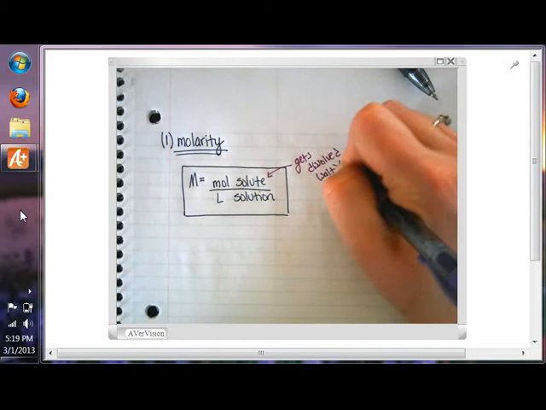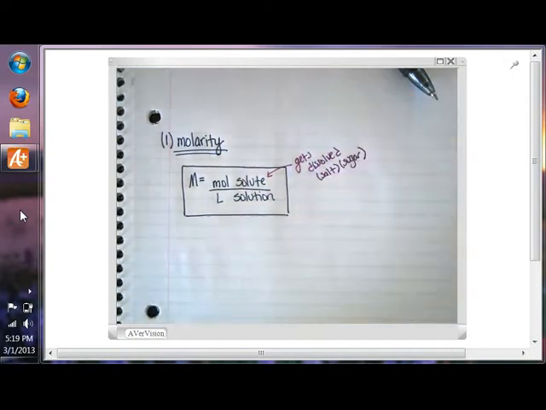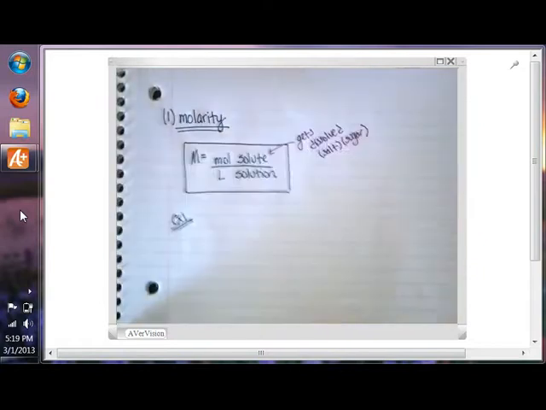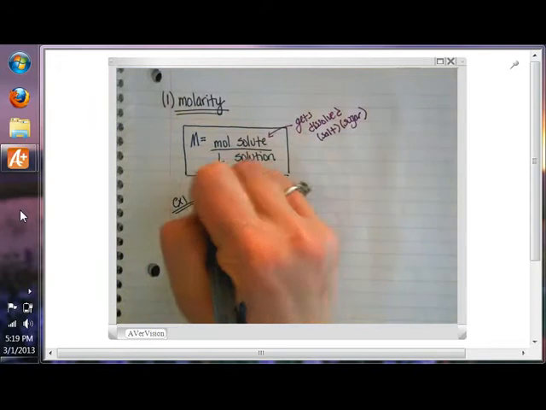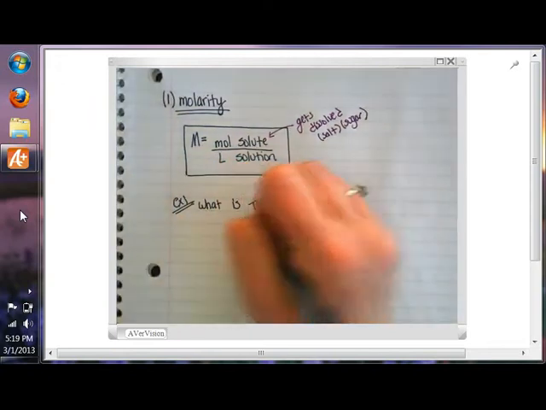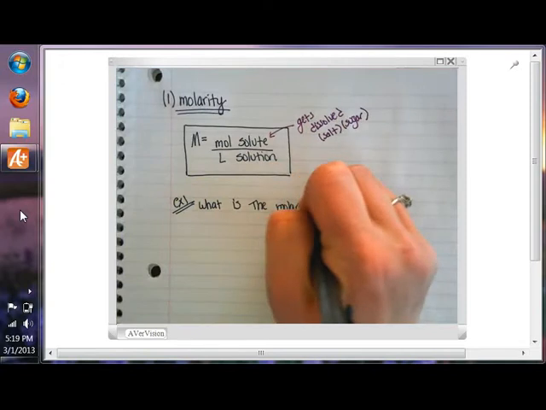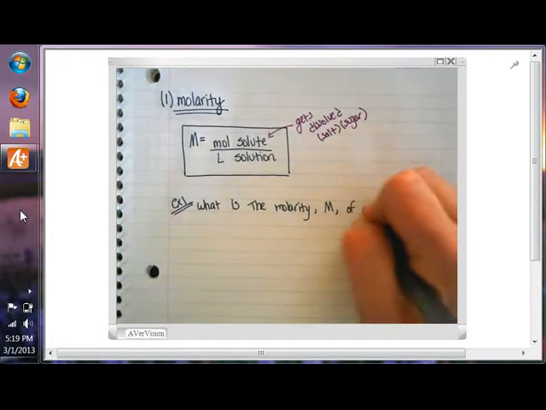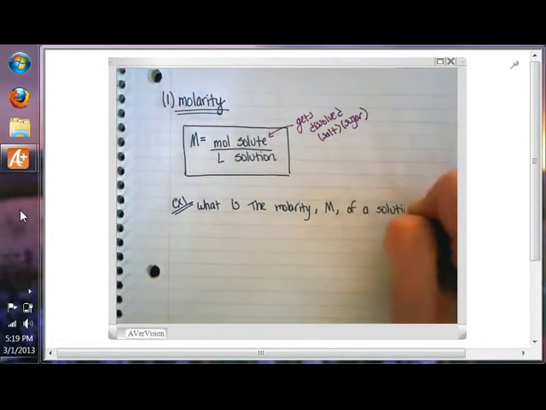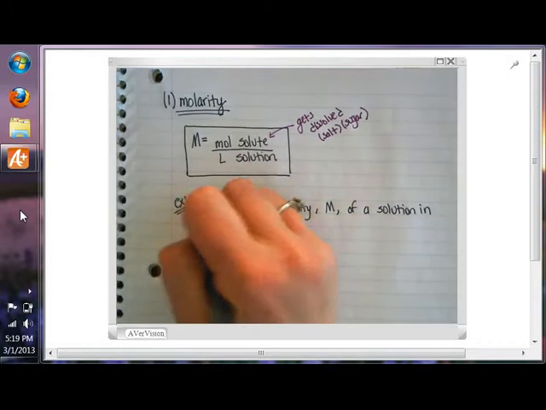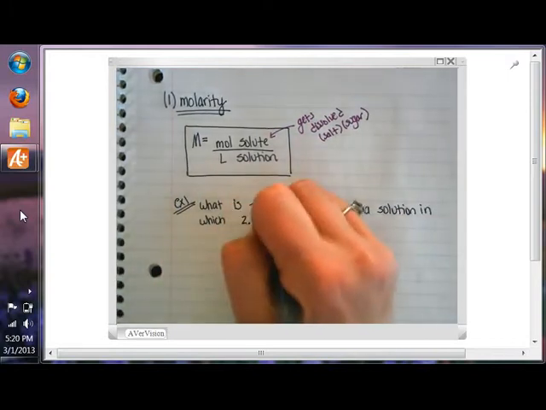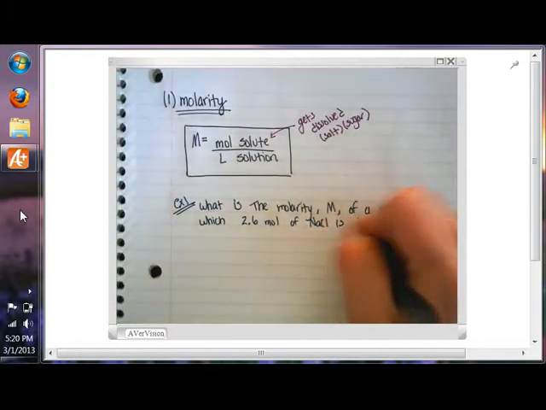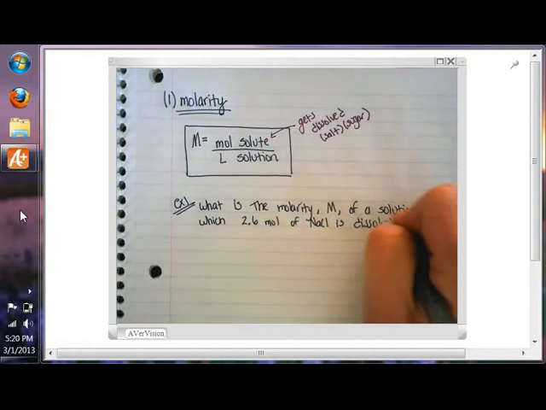Now we're just going to do one example, and we're going to say, what is the molarity, which is abbreviated as capital M, of a solution in which 2.6 moles of NaCl is dissolved in 1.2 liters solution.